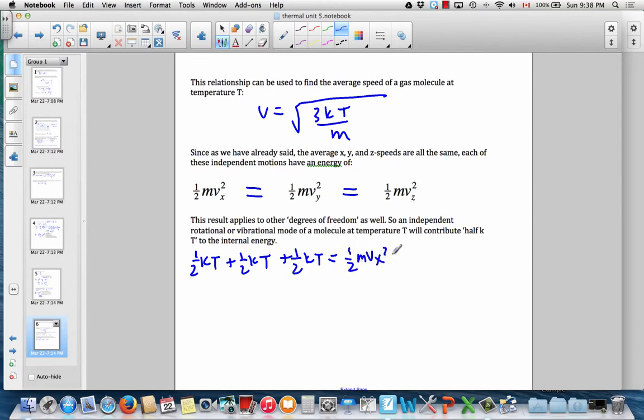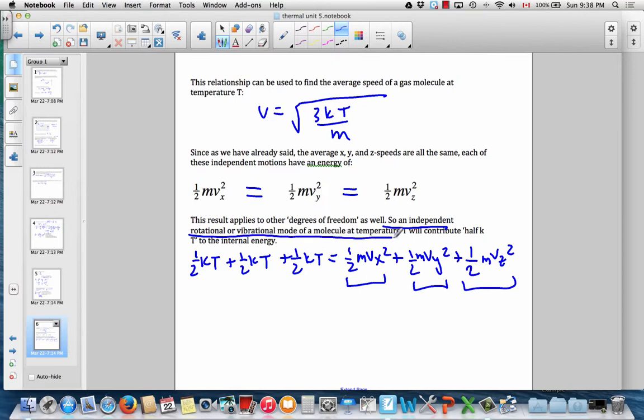But of course, I can write v squared as the sum of the squares of its components. So I can write it in this way. And so we see that each of those energies, each of those degrees of freedom, contributes 1/2 kT to the total energy. So an independent rotation or vibrational mode of a molecule contributes 1/2 kT to the total internal energy.